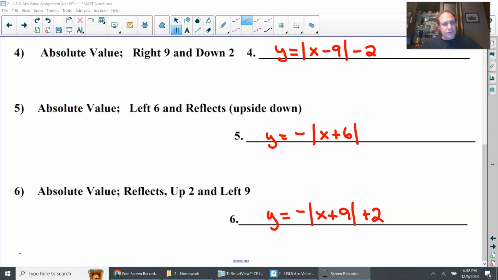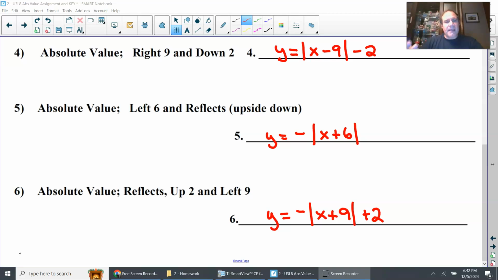So as always, just check it on your calculator, right? No matter what you do, you put it into the calculator. Know that if you have a negative outside the absolute value, right before it, you have to put that negative in before you go to the absolute value to put the absolute value into the calculator. So just remember that the negative means that it reflects. All right.